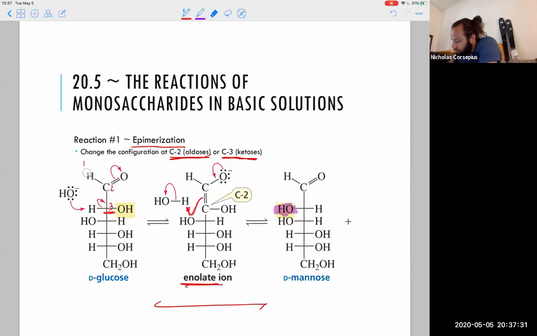Okay? Let's just go back to our starting point here, right? So this is what an epimerization reaction does. It flips the stereochemistry at C2 for an aldose and C3 for a ketose. These guys right here, this pair, would be called epimers.